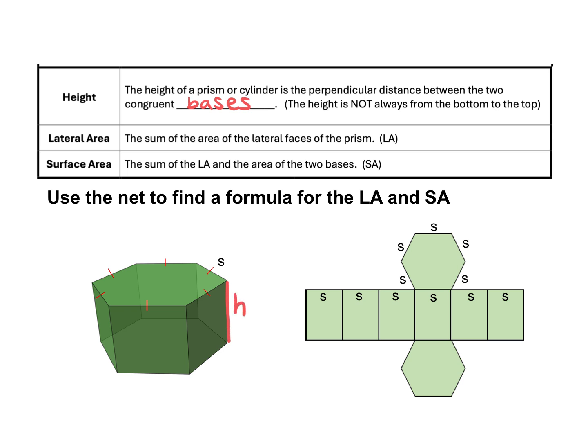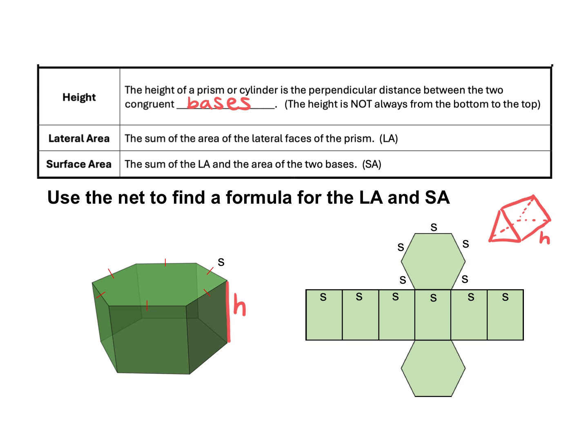But if my prism were laying on its side, so I'm going to draw this triangular prism here, now the height would be right there, because the height is the distance between the 2 congruent bases. It's not always from the bottom to the top. It's only from the bottom to the top if the bases are at the bottom and the top of your figure.